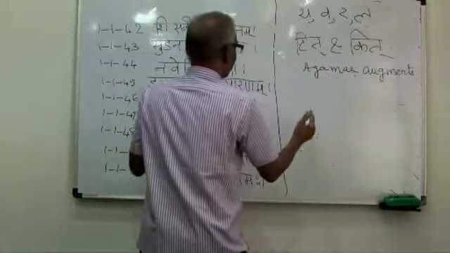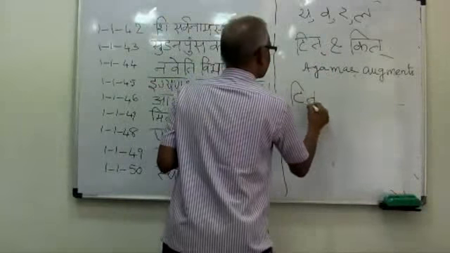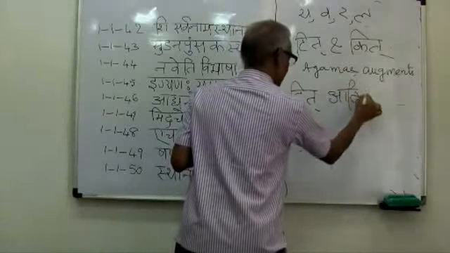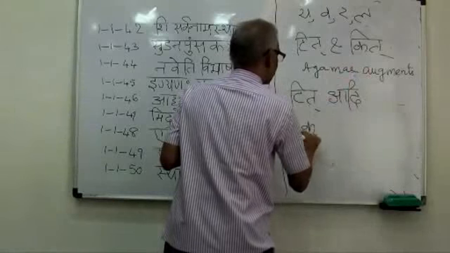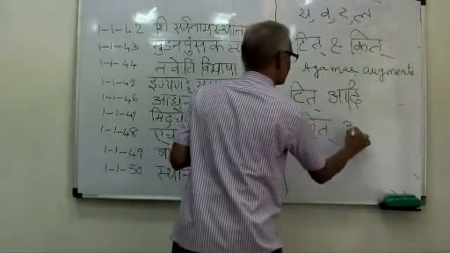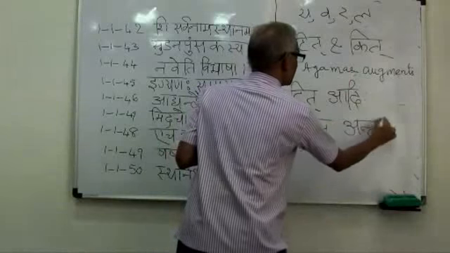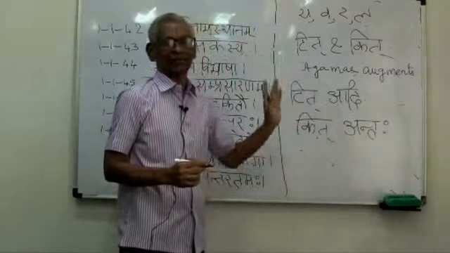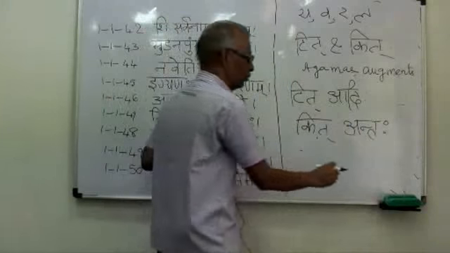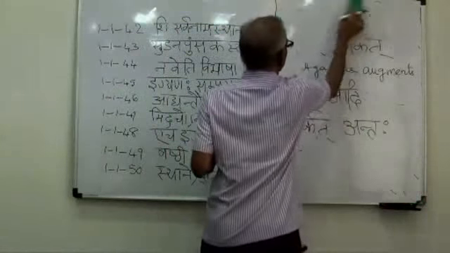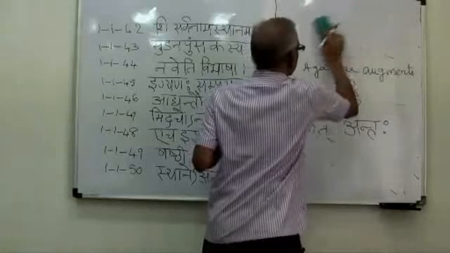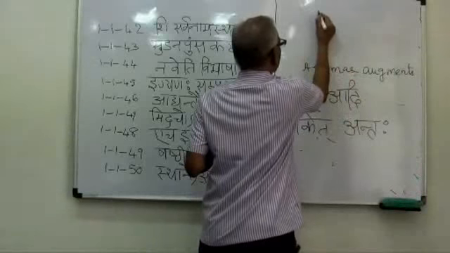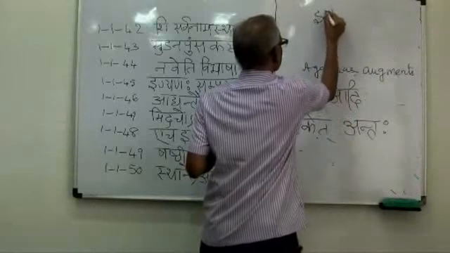So this is briefly: tit adih, that means it will be in the beginning; kit antah. Tit is in the beginning and kit is in the end. That is the brief meaning of this. We will take examples. There is one agama called it.